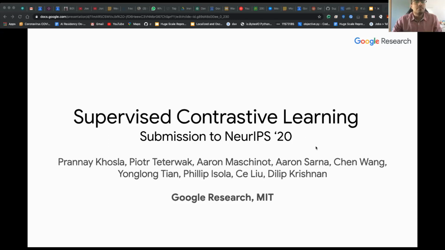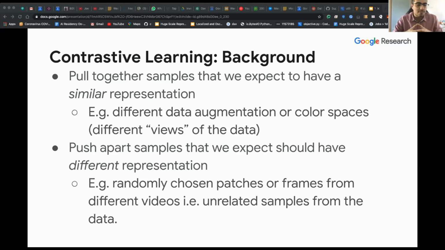Right. So basically, contrastive learning is this study where people have used representation learning in a context which is separate from the downstream task. And the basic idea which came out of theoretical work that was done by Sanjeev Arora at Princeton a few years ago was basically that you can pull samples which share class information, or they are different augmentations of each other, and hence you know that they are more similar than others together, and push samples which you expect to be different apart.